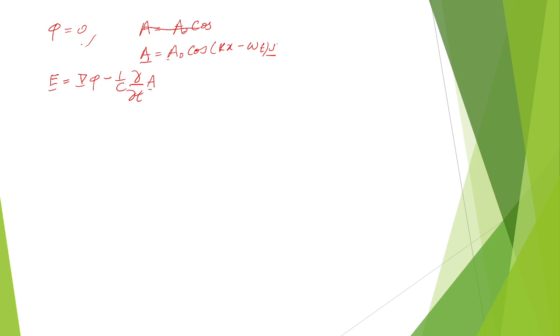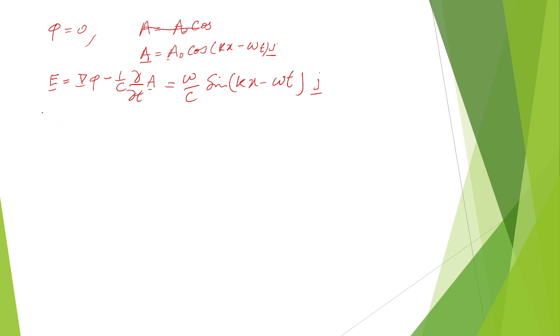So this is 0 because phi is 0, and I am left with, when I differentiate this with respect to t, there will be omega with a negative sign, so this will become plus omega over c, this becomes sine kx minus omega t in the j direction. So that is the E, that is the electric field.